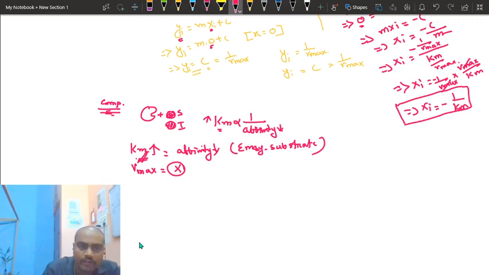Okay, so now if we have to talk about the non-competitive inhibition mechanism, the name itself says that there is no competition between enzyme and substrate. The substrate has a different site to bind with the enzyme, and the inhibitor also has a different site to bind with the enzyme.